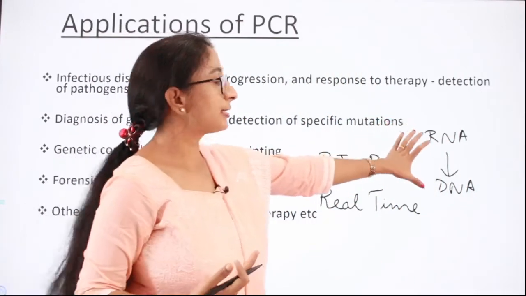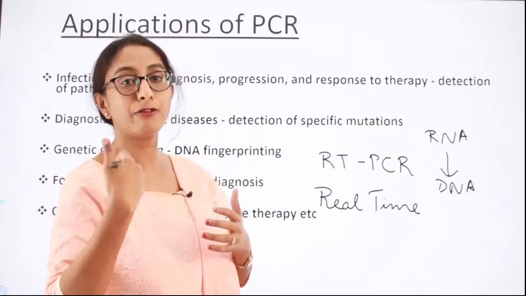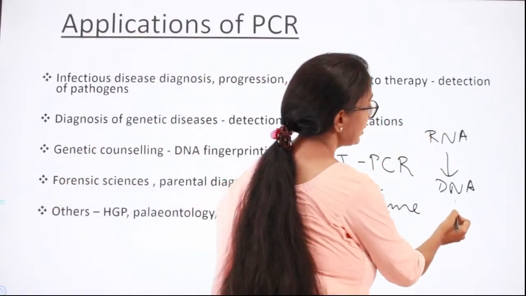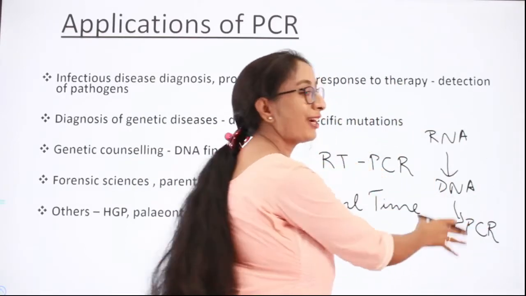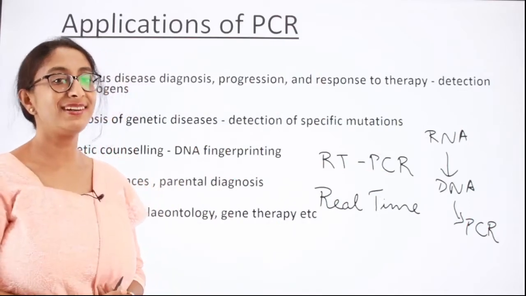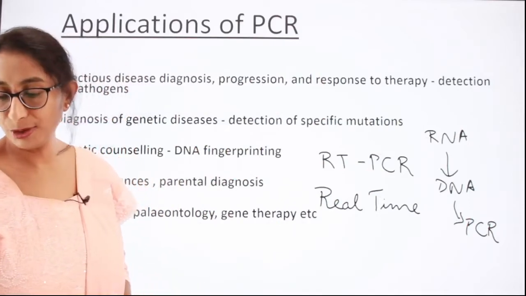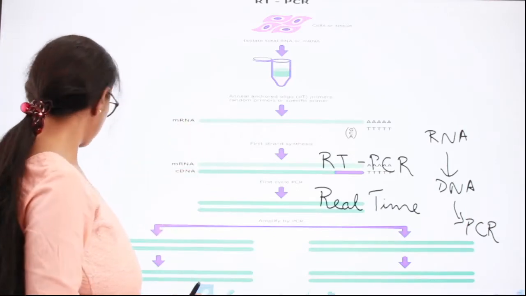So we do the conversion of RNA to DNA first, and then this DNA is utilized to do PCR. This process is called RT-PCR or real-time polymerase chain reaction. I'll just explain it to you with the picture. See, this is how RT-PCR works.